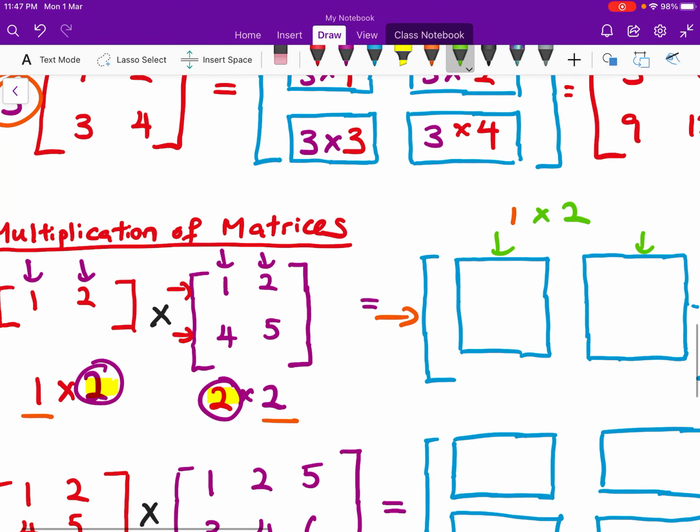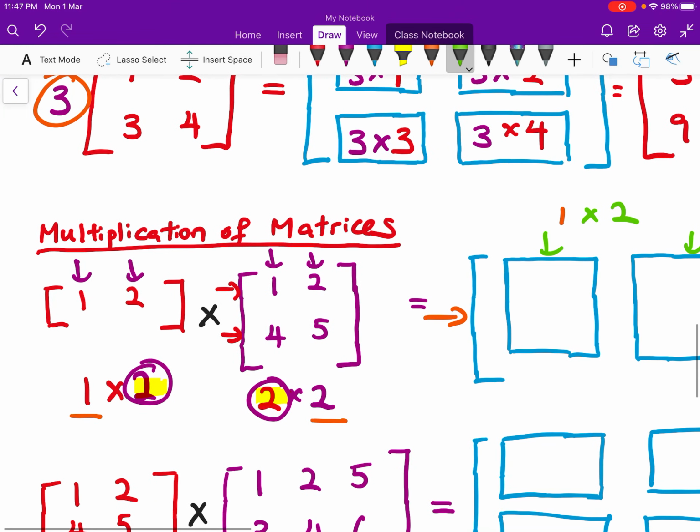How do I multiply? For the first matrix, the red color matrix, which is 1 by 2, we are interested in the column, which is just the first column.